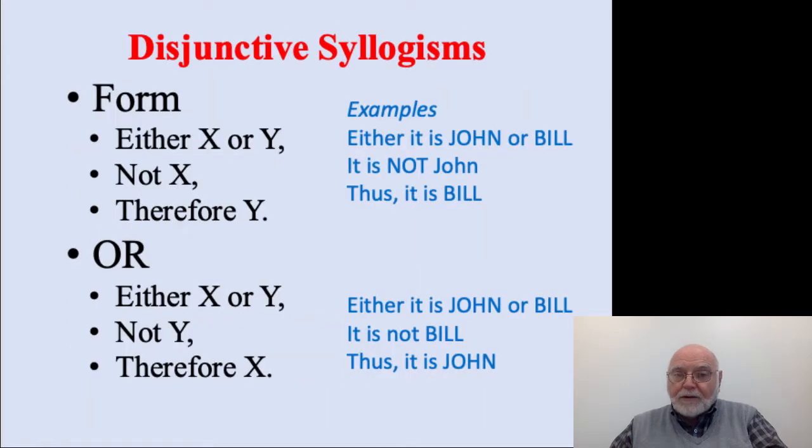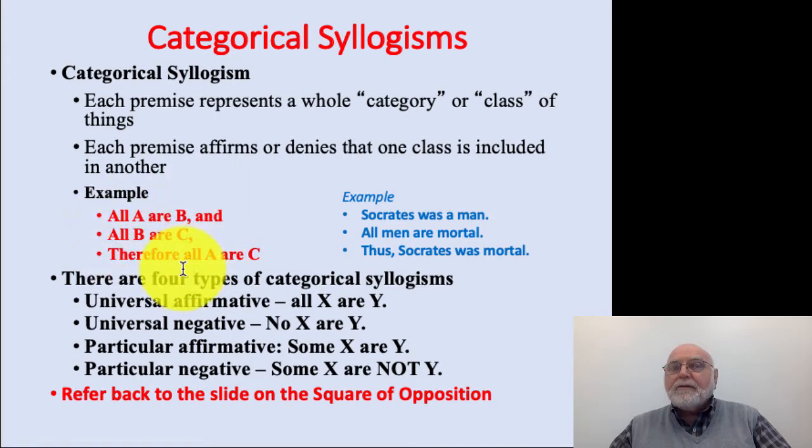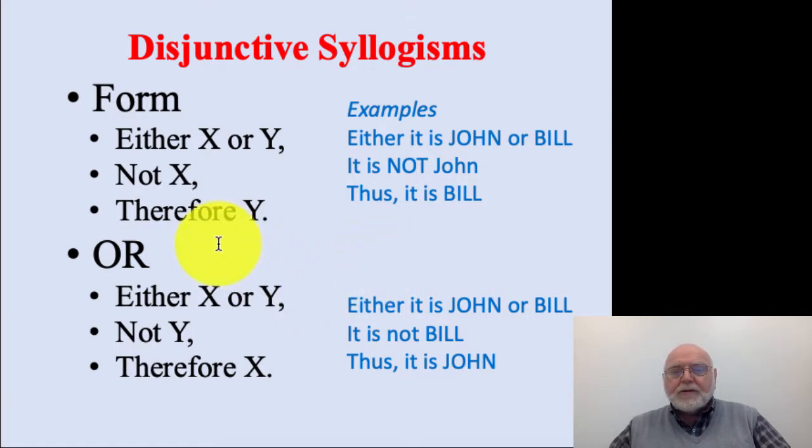But if you get a question in the form of a sentence, a logical statement summing up an argument, you need to take that argument and put it in the right form. The easiest thing you can do is convert it to this form for disjunctive syllogisms or this form for categorical syllogisms. In other words, translate it into the form of either it is John or Bill, seeing the structure, because form is what's so crucial in logic. It's form, form, and only form.